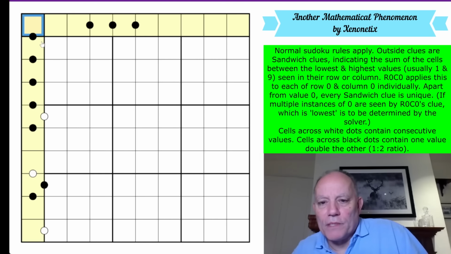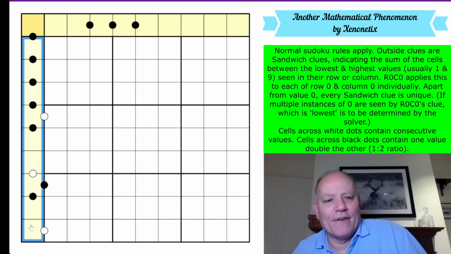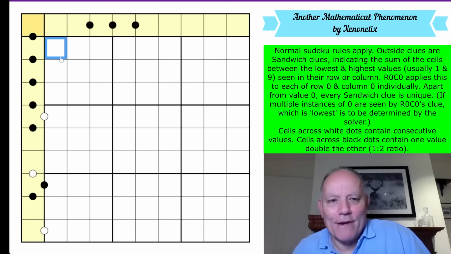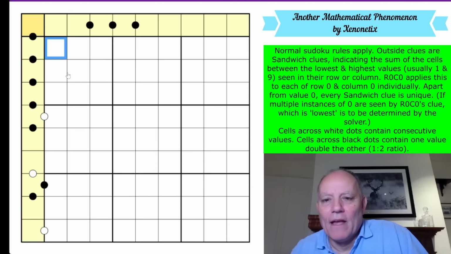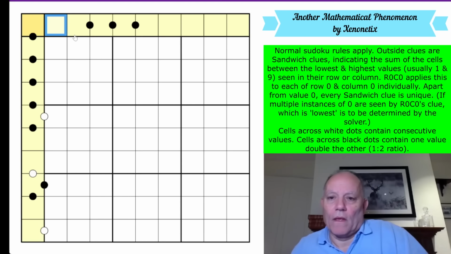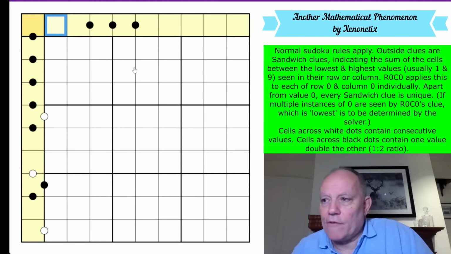Row 0, column 0 applies this to each of row 0 and column 0 individually. Gosh. What is this dark yellow row 0, column 0 going to be? Apart from the value 0, every sandwich clue is unique. So all of these will be unique values if they aren't 0. I'm trying to get my head around this.